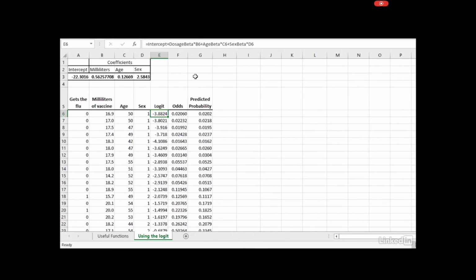Kind of the same way that bit is short for binary digit, logit is short for the logarithm of the odds. And as I just mentioned, the formula is the intercept plus the dosage beta, which is what I've called milliliters, times B6, which is the actual milliliters for this particular patient, plus the age beta times C6, plus the sex beta times D6, and the result is the logit.